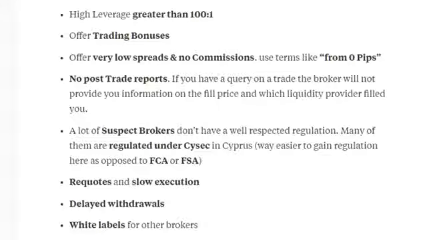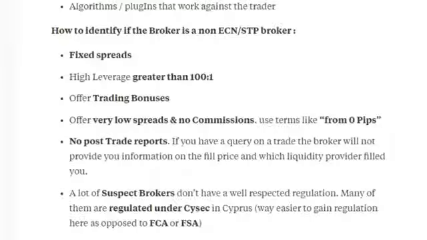Here are some more things that you can look at to identify if your broker is actually an ECN/STP type of broker, and if they're actually conducting their business in an ethical manner.